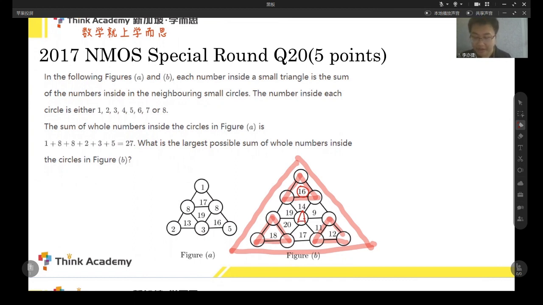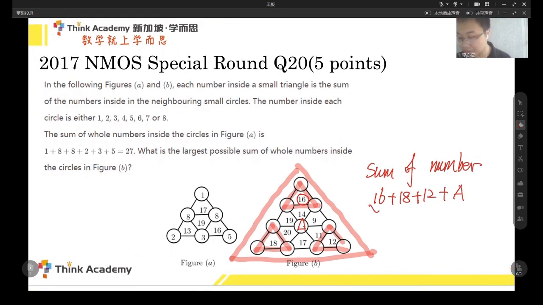Then we can easily write the sum of numbers to be 16, 18, and 12. Then add up the missing A. Now, we know this sum to be equal.